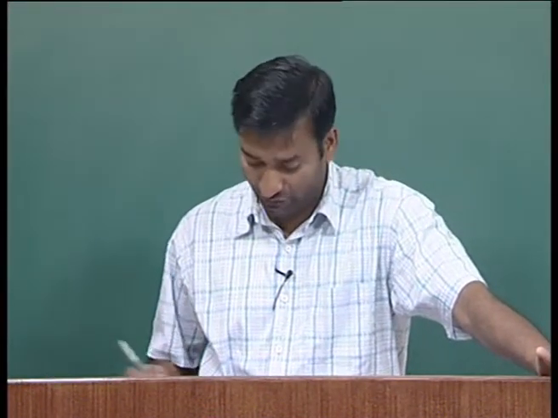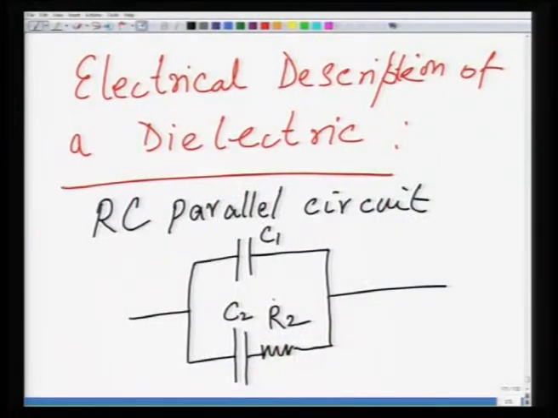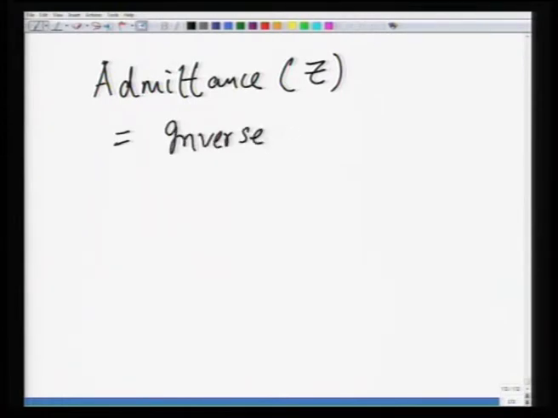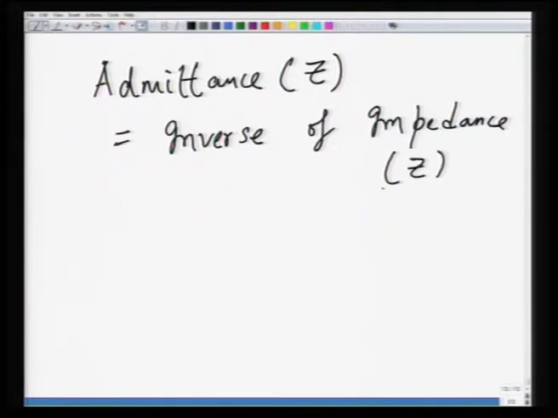So, let us consider this circuit that we have just drawn. You have a C1 capacitor which is in parallel with the RC element R2 C2, which are in series with each other. So, C1 is parallel to R2 C2. Admittance, let us define as Y, this is the inverse of impedance.